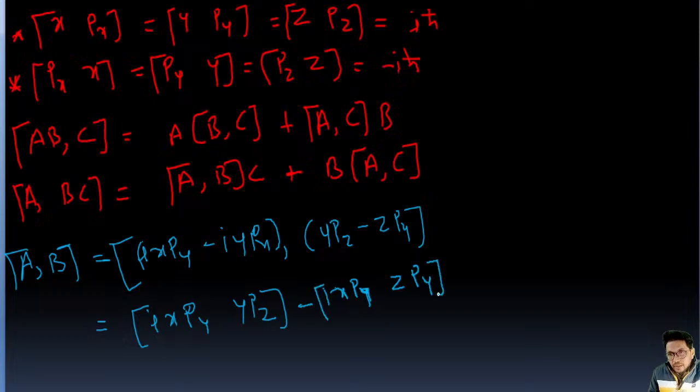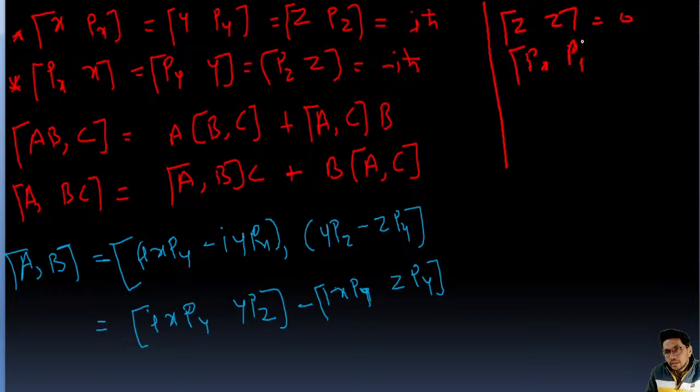Plus this with this is minus again. Also, guys, this is important: if z, px, py appear, this is 0, and xpz.